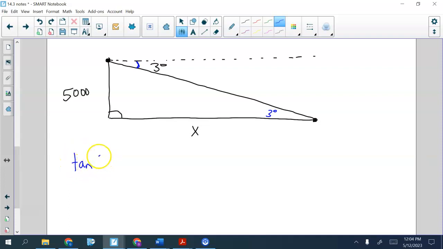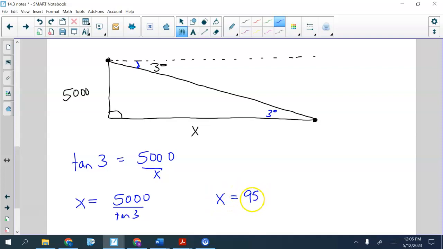All right, so it should be tangent of 3 degrees equals 5,000 over x, very similar to the problem we just had. So then it would be x equals 5,000 divided by the tangent of 3. So x is 95,405.68 feet.